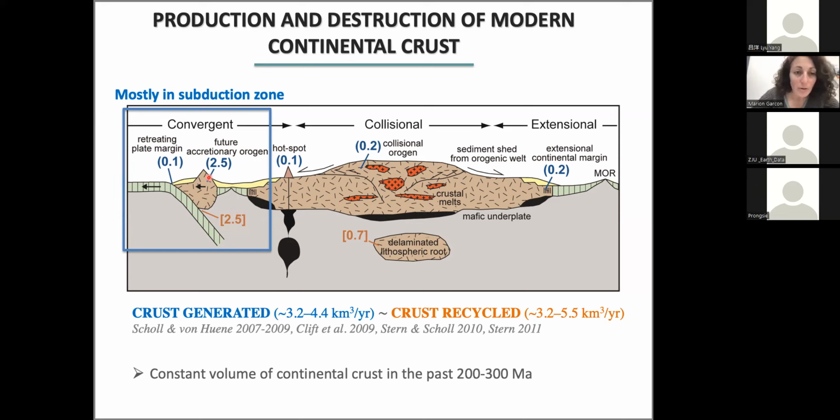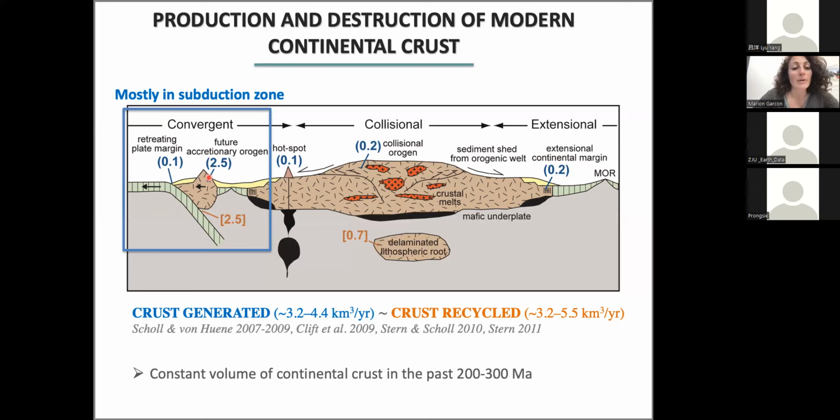There have been mass balances done through the past 20 years, I would say, even more than that. And in general, people think that it's quite well balanced, at least for the past 300 million years.